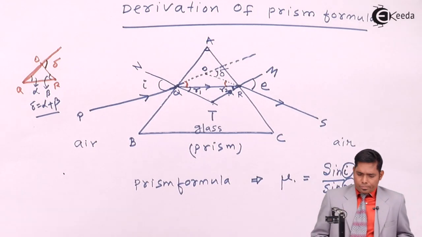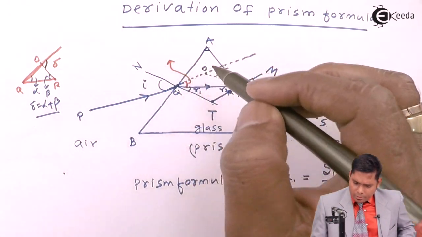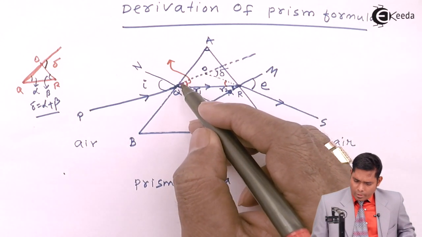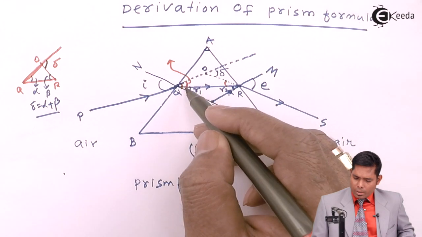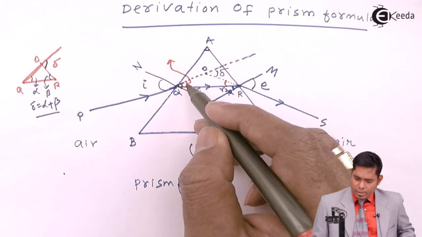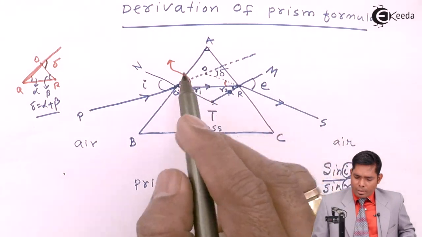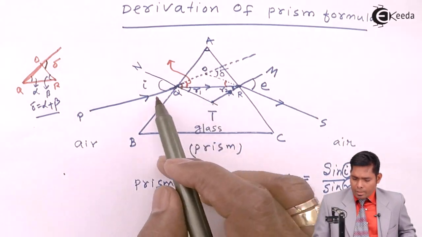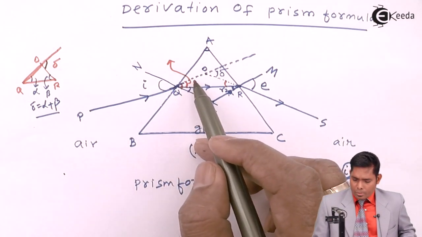Now, what is this angle? This angle is the total angle minus this angle. What is this total angle? As you can see here, this line and this line are opposite angles. This is i, so therefore this will be i.